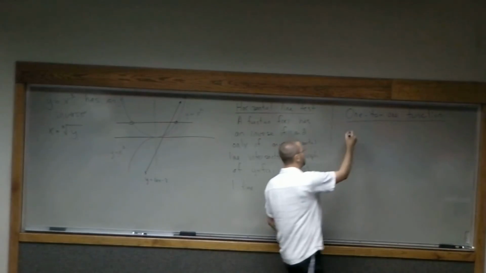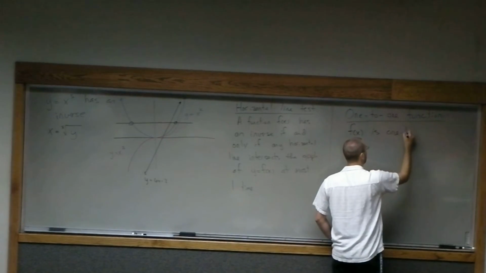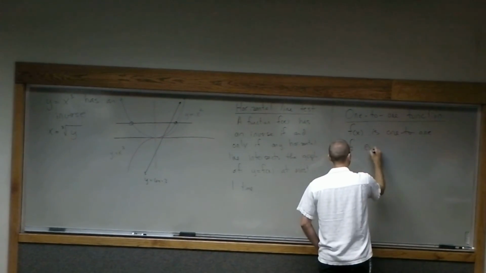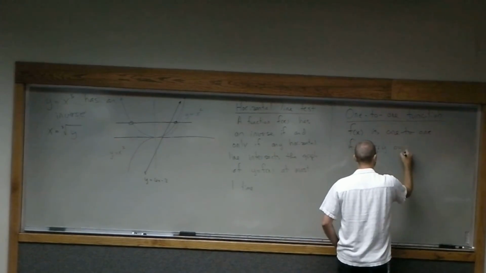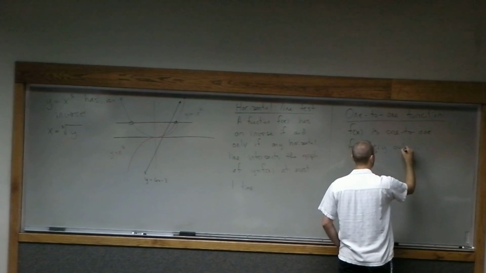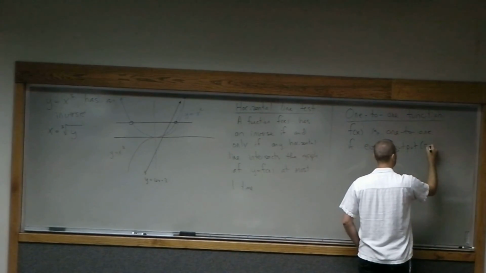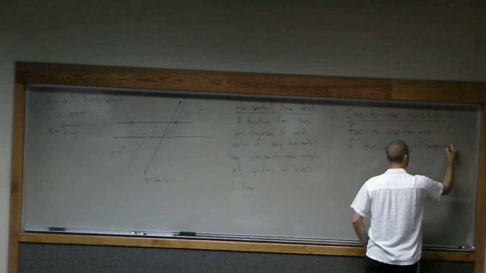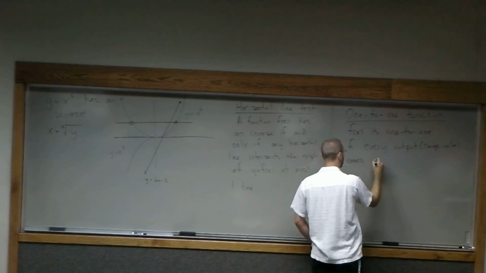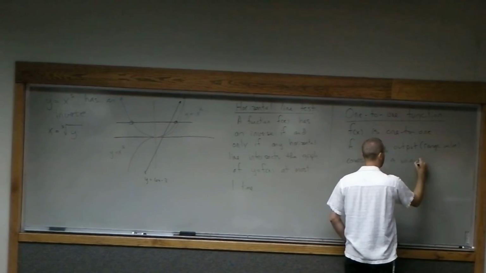So a function f of x is one-to-one if every output, by output I mean every range value, comes from a unique input.